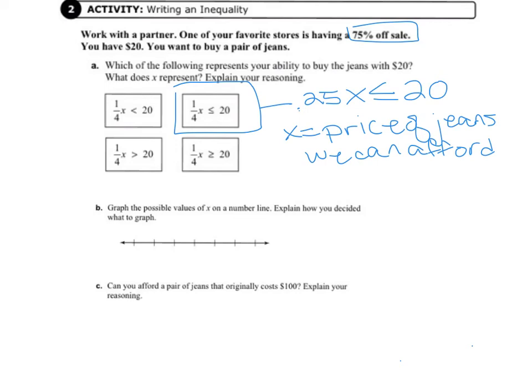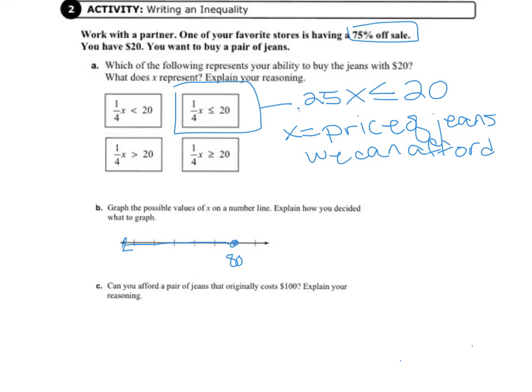And we want it less than or equal to, because it's okay now for us to spend our whole $20. So we would put 80 on our number line. So that's the original price of the jeans, and we want to spend less than or equal to that, because when we go up to the cash register, they're going to give us our 75% off discount, and we're really going to only end up spending $20.